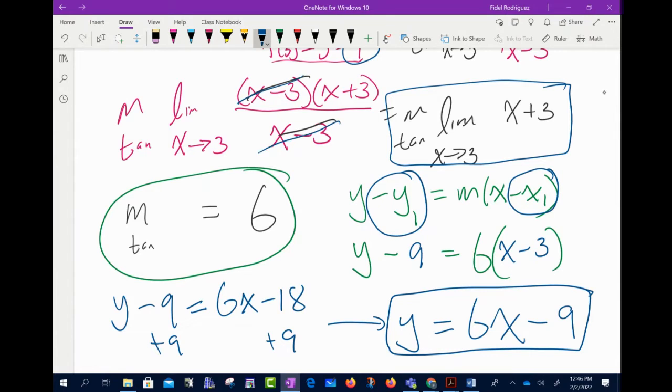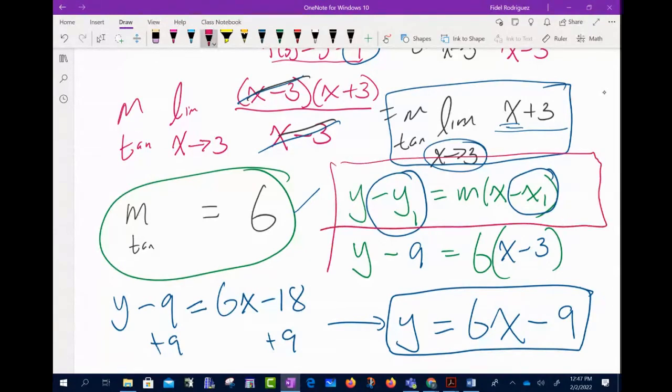Okay, we were good there? And then let me ask you a question, John. Are you okay that we got the limit of x plus 3 as x approaches 3 to be equal to 6? Because we're basically substituting x equals 3, right? Because that's the number we're approaching. So we're saying, if we were to plug in a 3 right here, 3 plus 3 would give me 6, right? Okay.